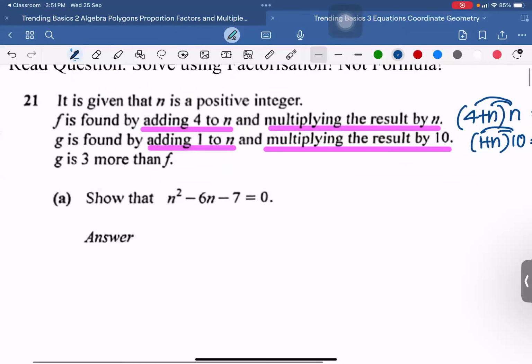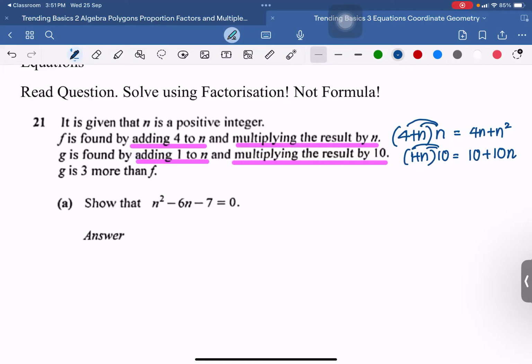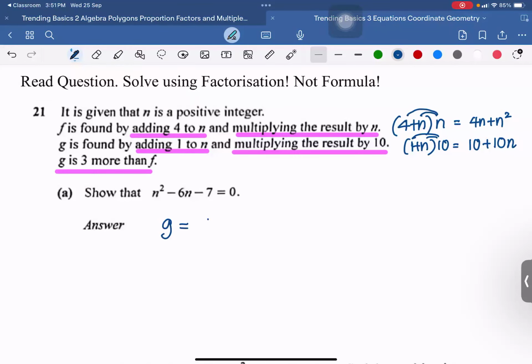Okay, next one, they say G is 3 more than F. There are a few ways to do this question. Some of you do subtraction, some of you do addition. For the weaker students, I will advise you to do addition so that you don't need to handle negative signs. So G is 3 more than F, so take F plus 3 will give you G. You add the 3 to the one that is smaller.